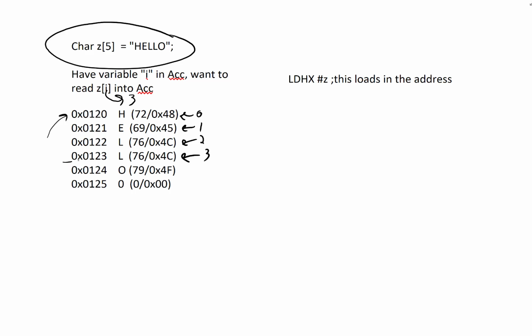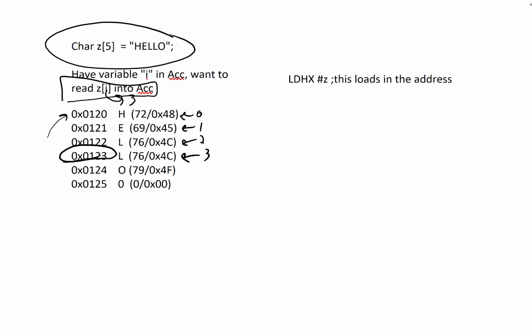So somehow, some way, we want to get 1, 2, 3 into the HX register. And then having done that, we can simply do a load command in an index mode. Now we haven't talked about load A, but it's a pretty simple command. It just grabs whatever's at that memory location and puts it in the accumulator. So that would take care of reading this value into our accumulator.